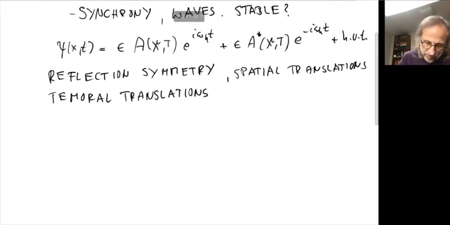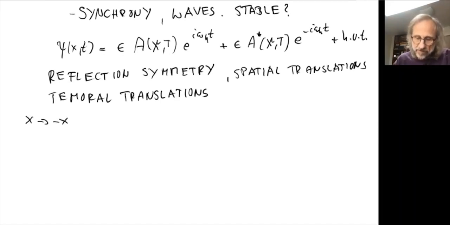So let's first look at the reflections. If x goes to minus x, we need to see what the action is on our complex amplitude. So if x goes to minus x, well, it doesn't show up here at all, so that means there's no action on A induced.